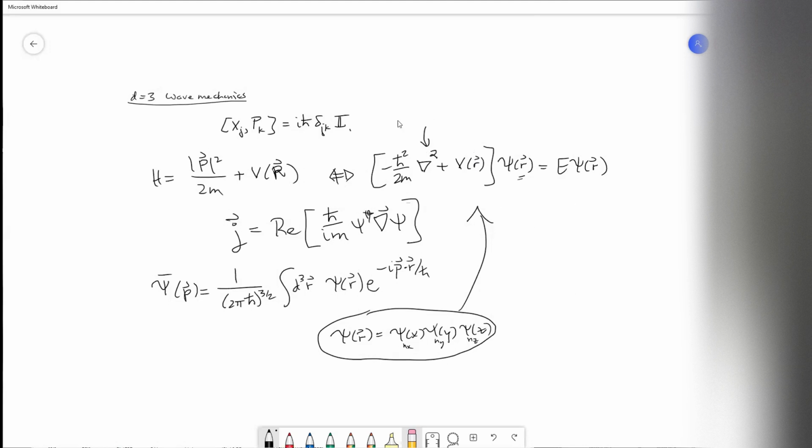So this is a differential equation just like the 1D one. The only difference is that now this side depends on 3 coordinates, so it's a partial differential equation. Now your boundary conditions are going to be different, right? You have boundary conditions in all 3 directions. And this is still just a number. Whatever the energy is, you're still trying to solve this eigenvalue equation, which is what this is.